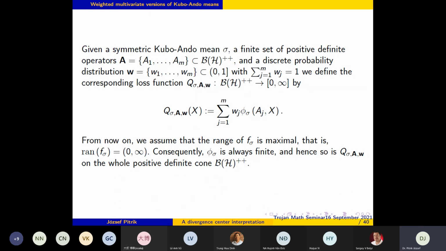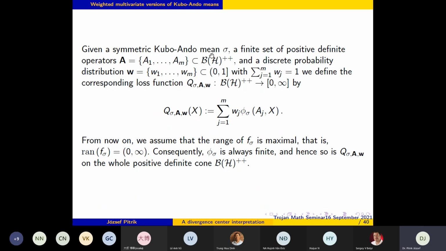Similarly to the Karcher mean, this characterization of the symmetric Kubo-Ando means naturally leads to a definition of weighted and multivariable versions of a large class of symmetric Kubo-Ando means.